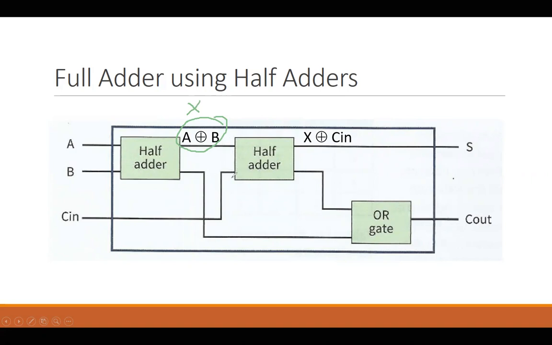So X and C in are being input into the next half adder. Following the same logic, this next half adder's sum bit should be X XOR C in. Let X be the output of the sum bit of the first half adder circuit.